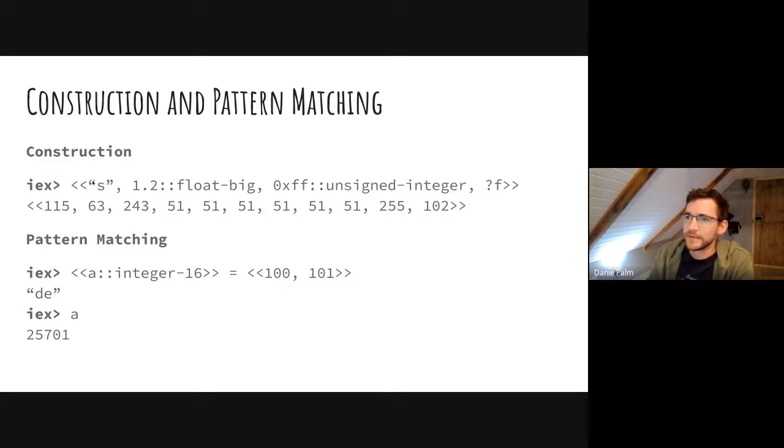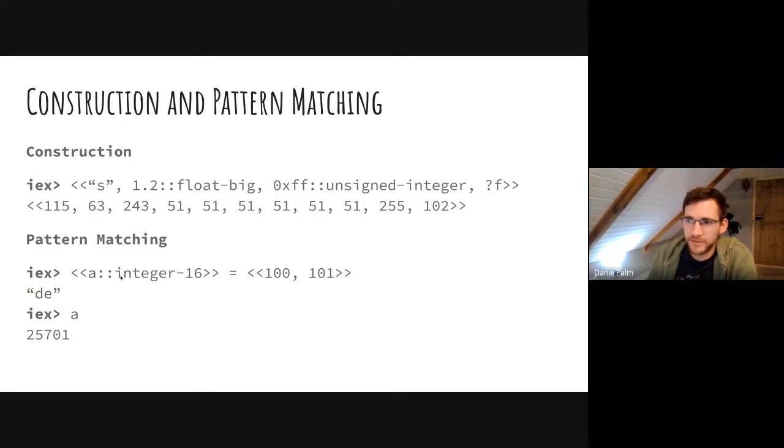So you can give the binary to Elixir in whatever way you will, and it can make sense of it. Then on the other side, if you want to get information out of a binary, you can use pattern matching. Let's say the binary I'm getting in here is this 100 and 101 binary, and I want to match that to a binary value.